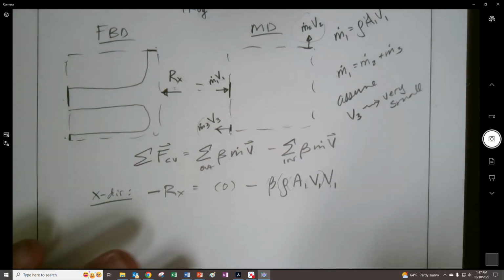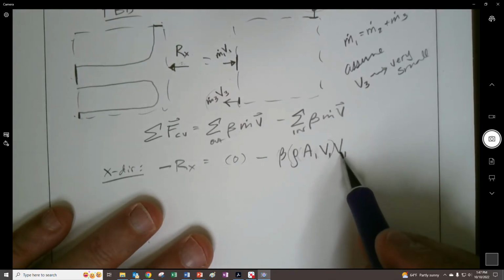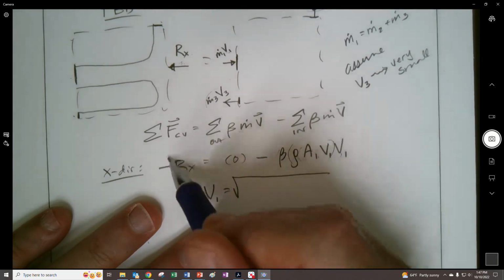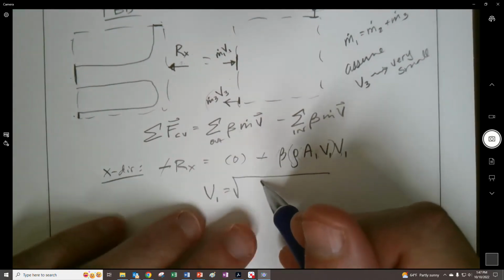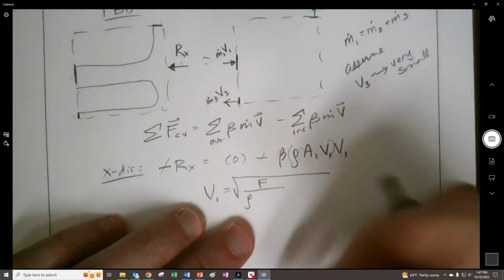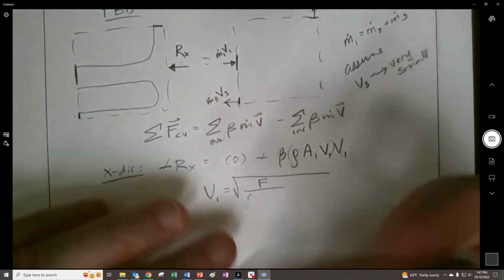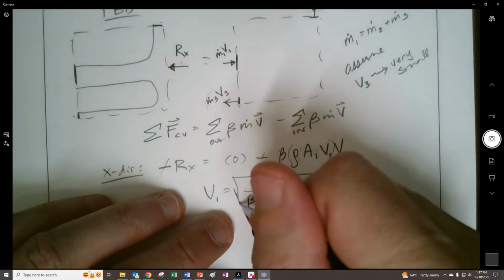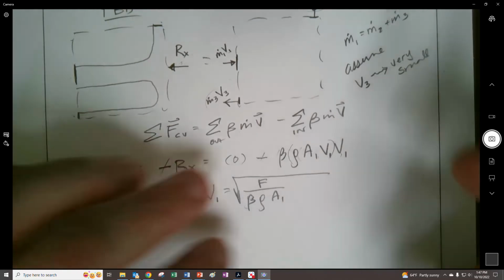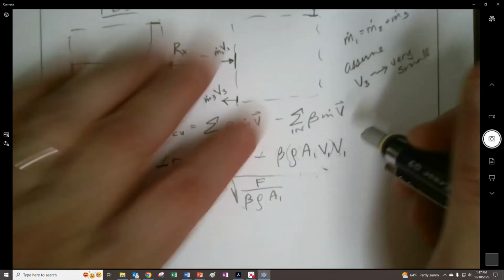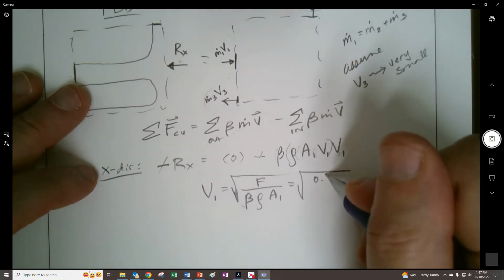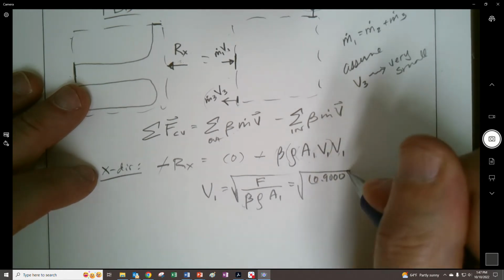Anything else? No. So if we want to solve for the velocity, we don't know the velocity, so those cancel out right there. We're going to have F divided by beta rho A1. Let me keep the beta in there, because it could have mattered. We know that F is 0.900 newtons.